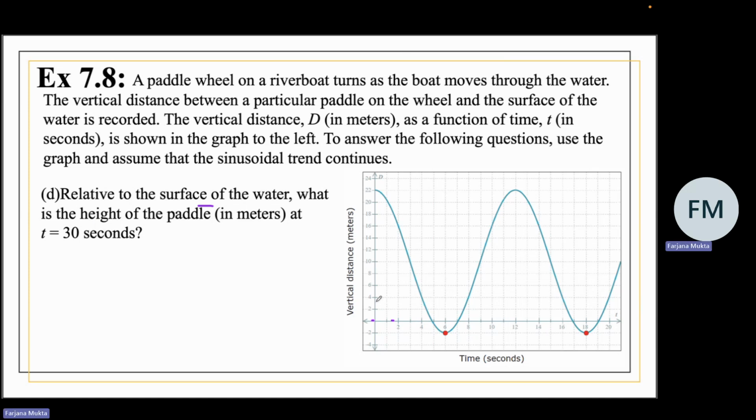So we are trying to find the height of the paddle for the time being 30 seconds. My horizontal axis does not show me the record for 30 seconds. So we cannot see what the height is at 30 seconds, right? But we can calculate that.